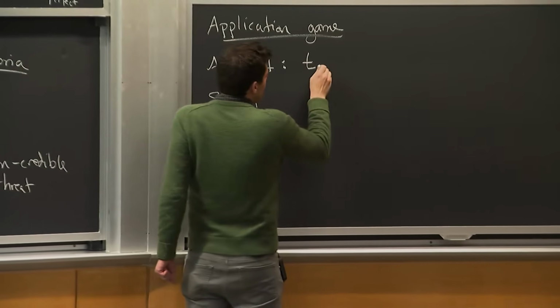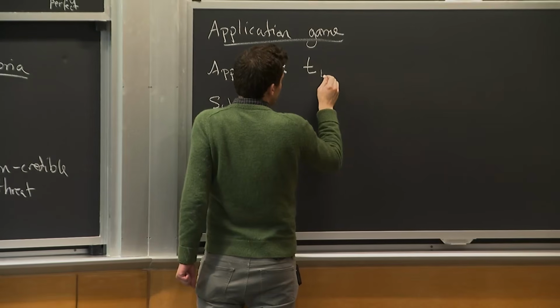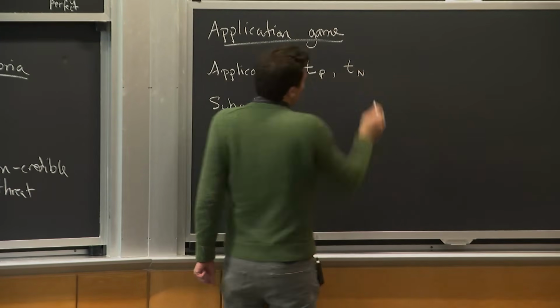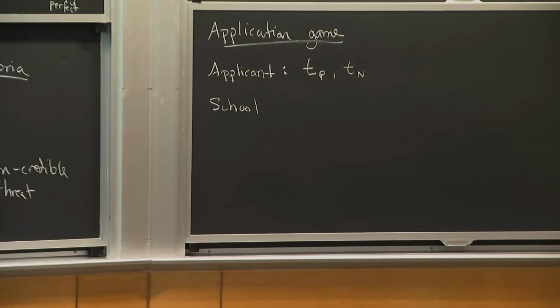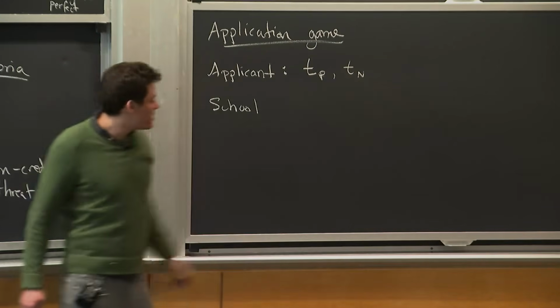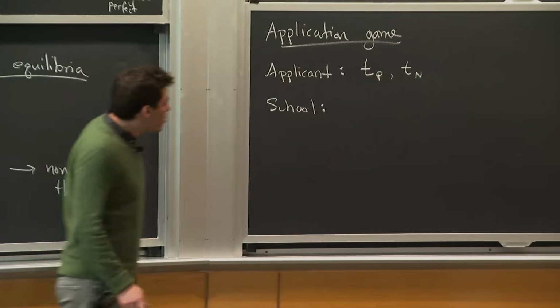We'll call them types, maybe T excited or passionate, let's say P. TP or TN. So TP says, I'm really passionate about going to this school, or about the thing that this school does. I want to go. And TN doesn't really, they're not quite as excited. They still want to go, but they're not quite as excited. And then we have the school.